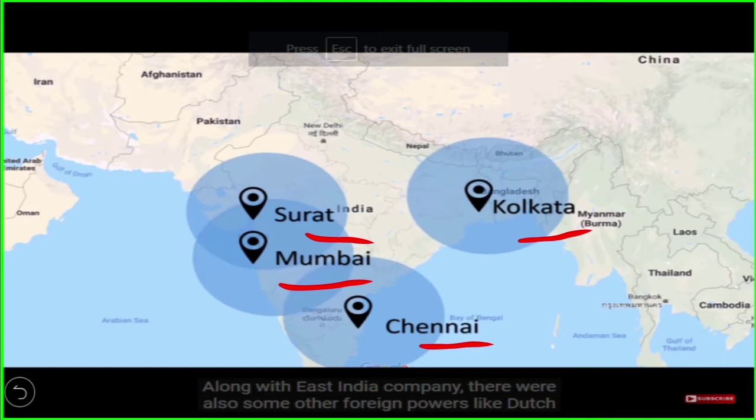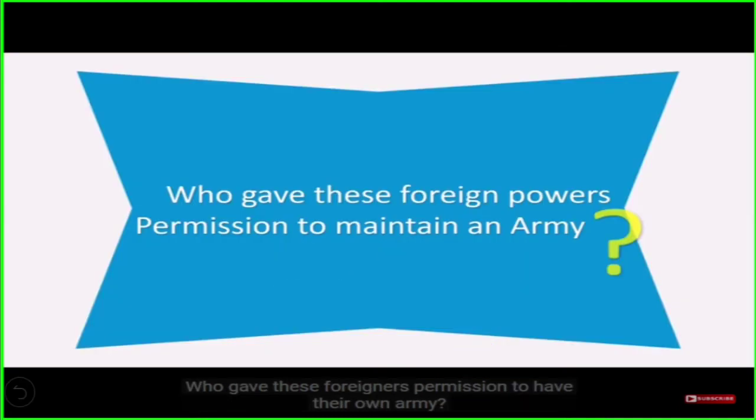Then children, along with the East India Company, there were some other foreign powers like the Dutch, French, Portuguese, who also came to India, not to establish control over India and Indians, but just as traders.